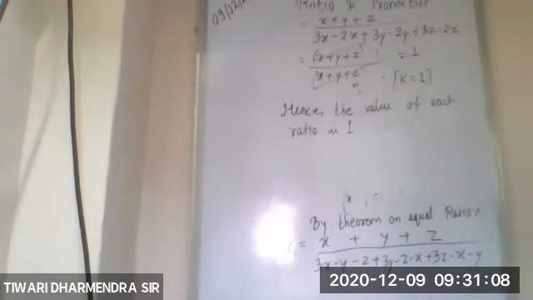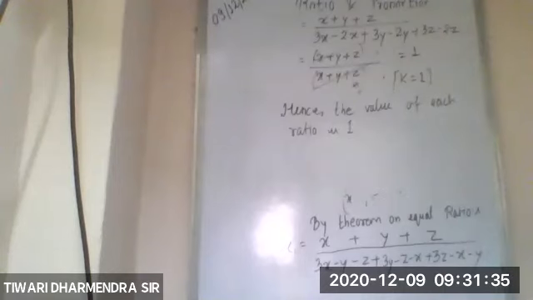So now question number 4, the last question of practice 4.4. They have given us two problems which we need to solve taking the help of the theorem on equal ratios. So we can easily conclude the problem as we did in the last lecture.